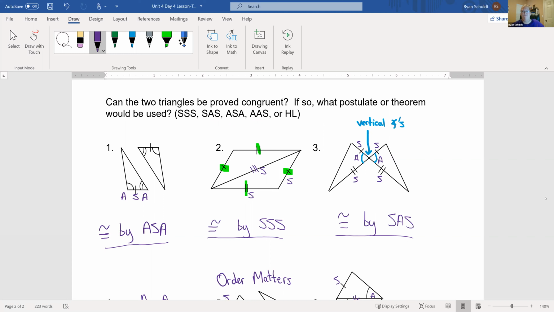And then 4 examples just to show, hey, these aren't congruent. You can't cuss your math teacher. AAA ain't gonna pick you up. And then order matters. So that is our lesson for today. Stay tuned for the guided practice.